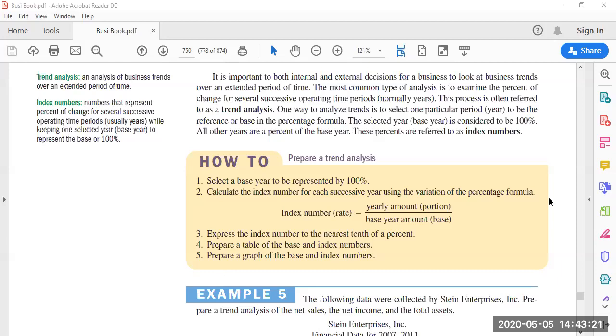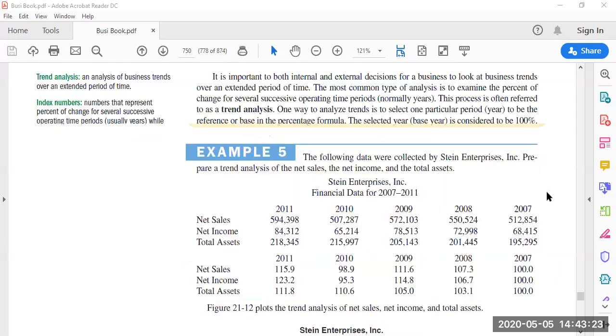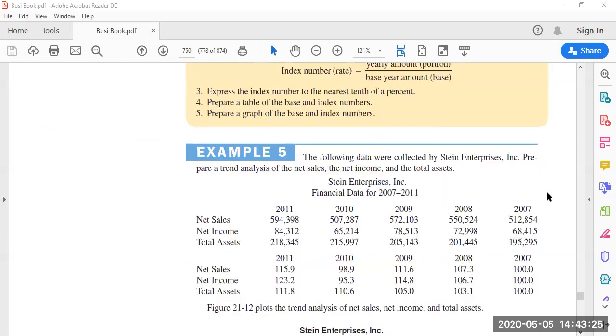In those charts, the data looks like this. Notice, in this case, we're using the years 2007 all the way up to 2011. The following data were collected by this enterprise company to prepare a trend analysis of the net sales, the net income, and the total assets.